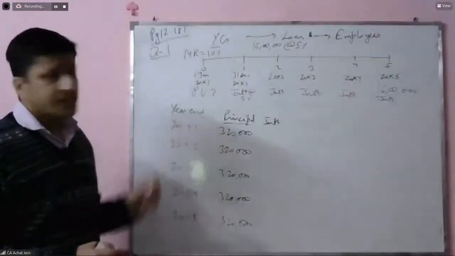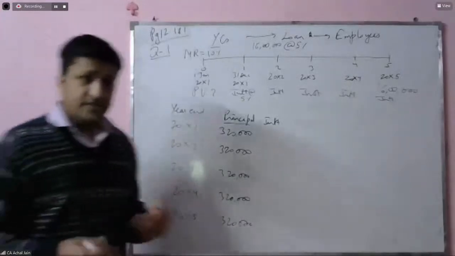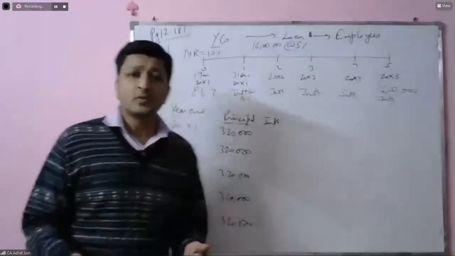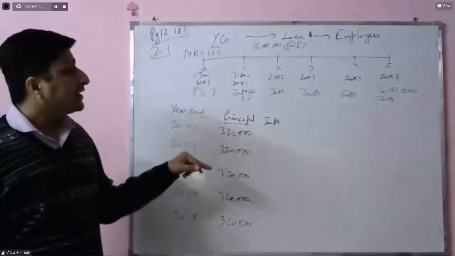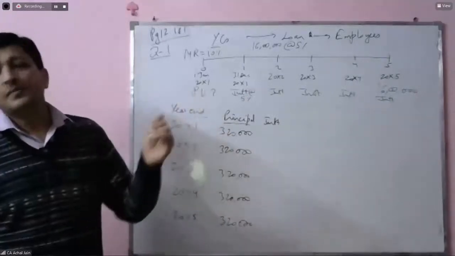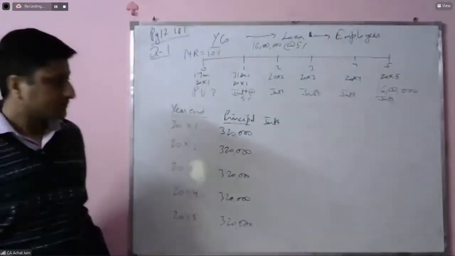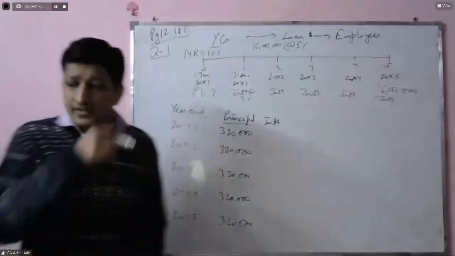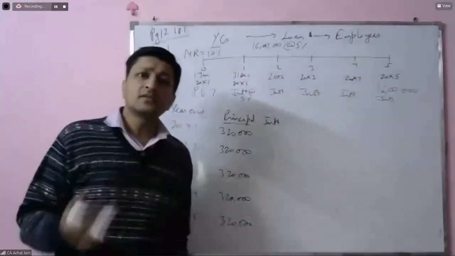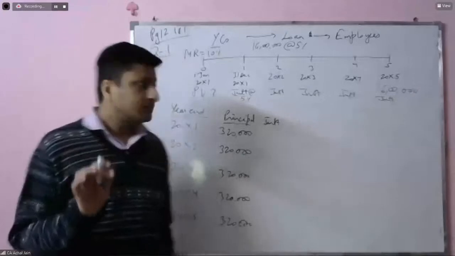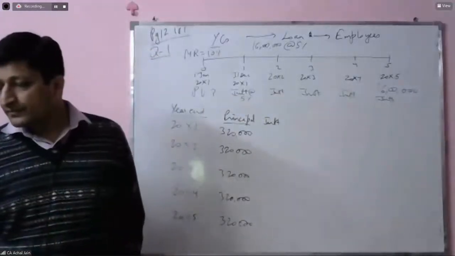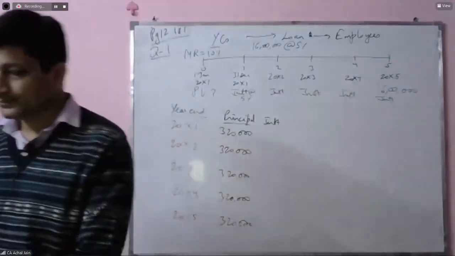So in the first year, what will happen? The solution has assumed that every year the repayment of principal is also happening. Correct?